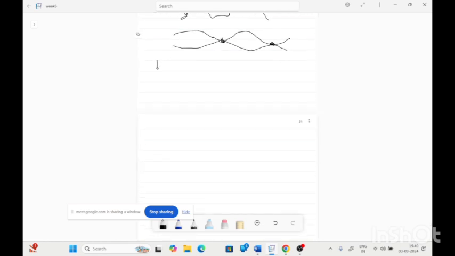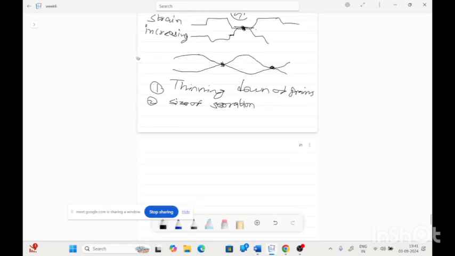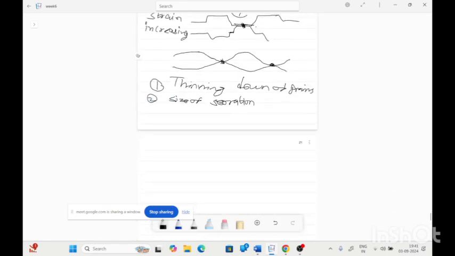So the process is: first, the thinning down of grains. Second, the size of serrations. Serrations are also formed during the deformation process, and as the deformation continues, they become comparable to the grain thickness.